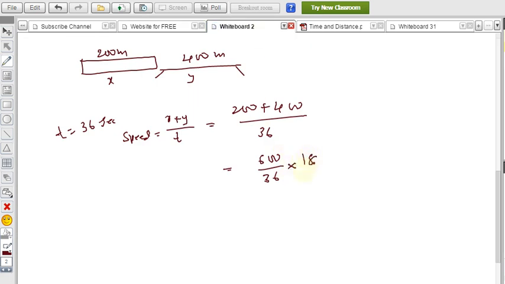To convert into kilometers per hour, multiply by 18 by 5. 600 by 36 into 18 by 5. You can simplify.